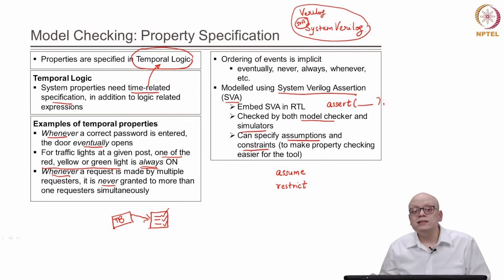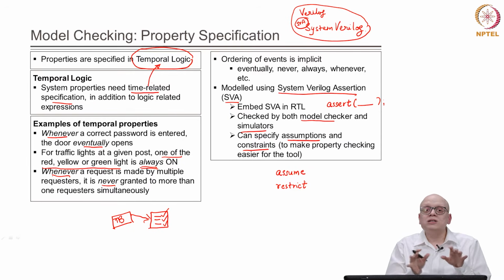Using these keywords we can give information to the model checker about what assumptions can be made by the tool, and these assumptions are then treated as axioms by the tool, and based on that property verification is done.